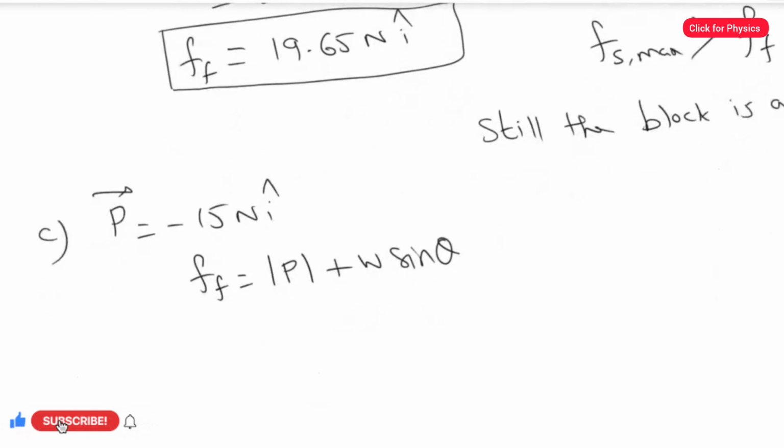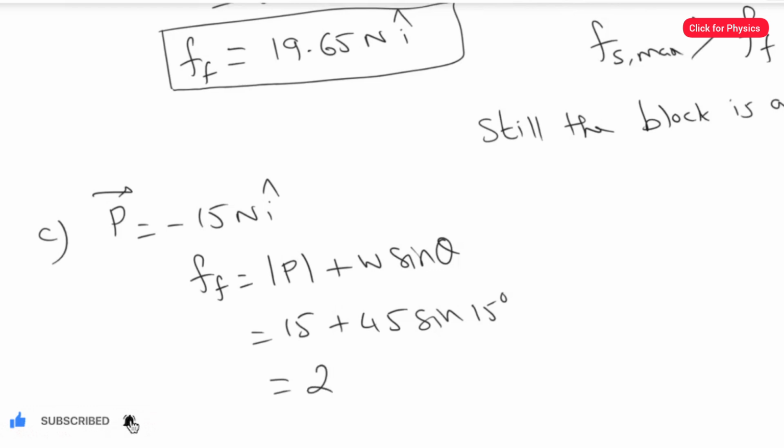So now the magnitude of minus 15 is 15 plus 45 sine 15 degree. So let's see what's the answer. After I substitute the value, I got the answer as 26.65, and the unit is Newton, and it is in I cap.